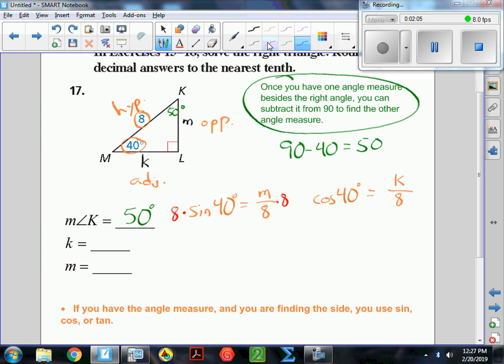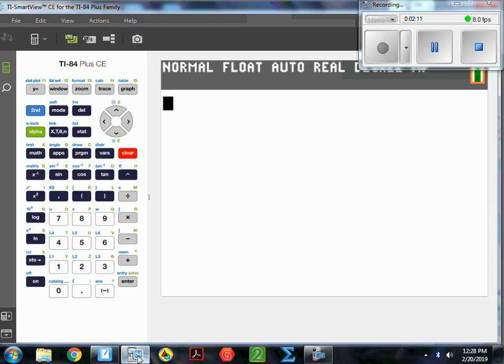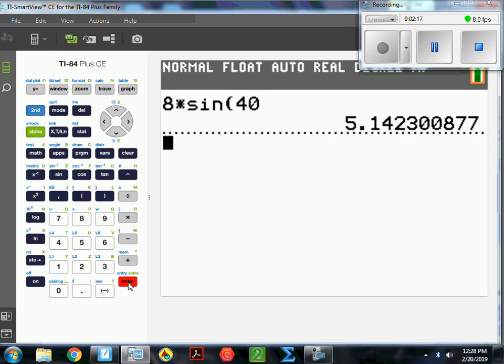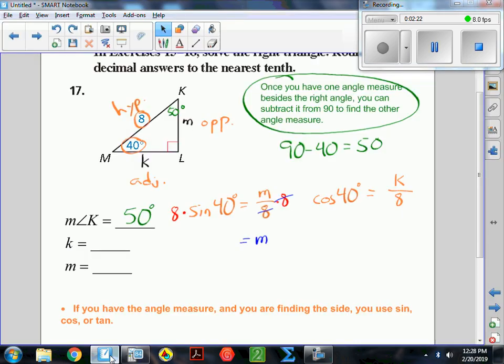And so M is going to equal 8 times sine 40. So 8 times sine 40 degrees. It's 5.14. We can round to the nearest tenth, so 5.1. And we just found M. I can continue with my cosine 40 equals K over 8.